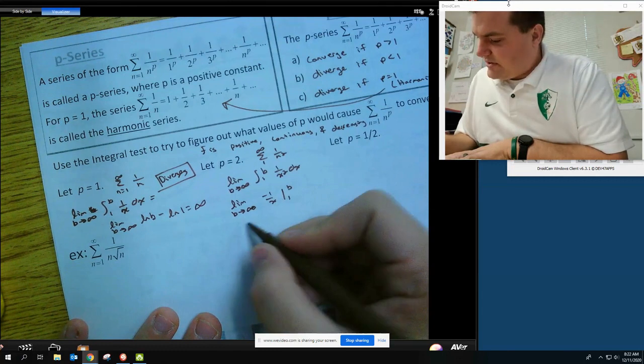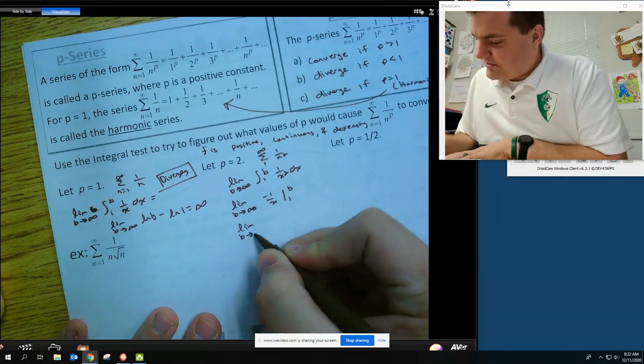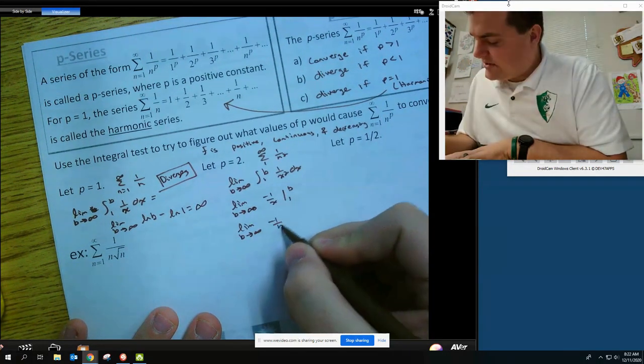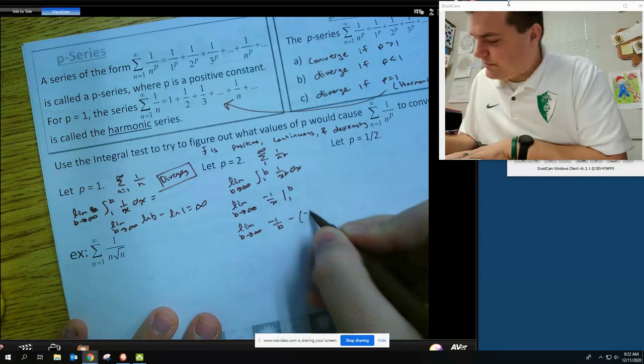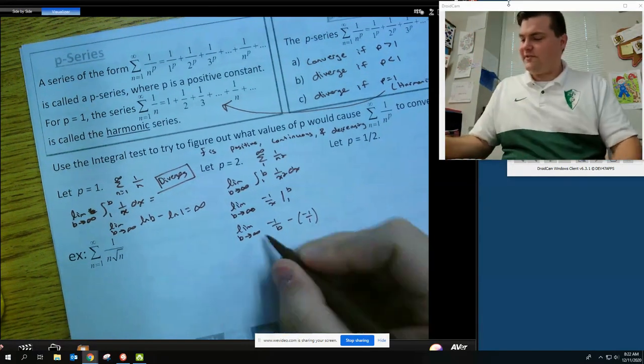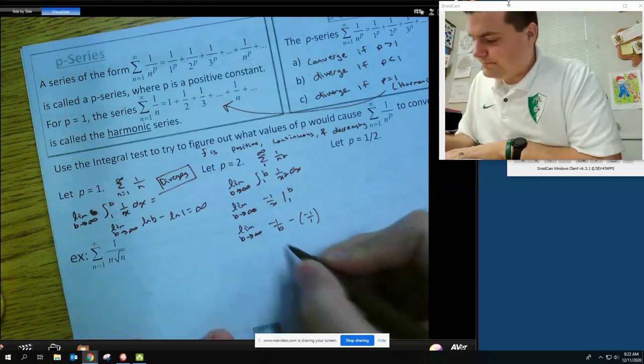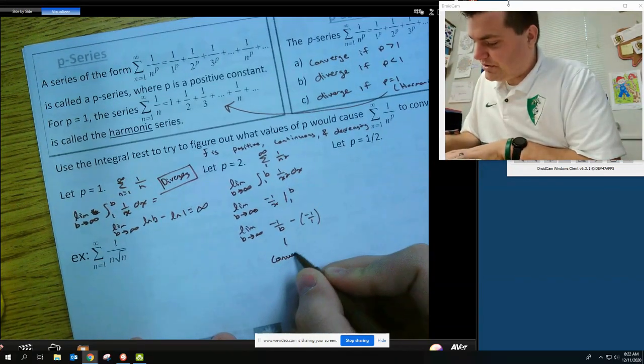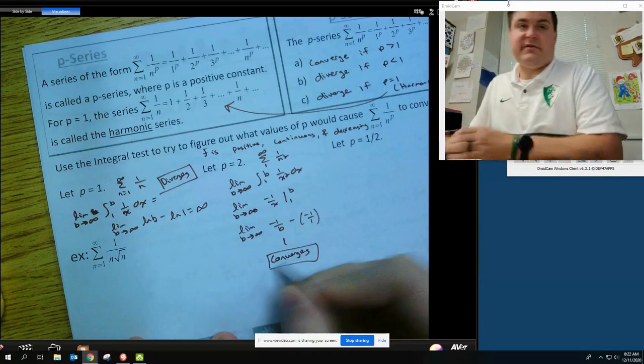This is going to give me the limit as b approaches infinity of negative 1 over b minus negative 1 over 1, which, if I go to infinity here, gives me a value of 1. So this converges.